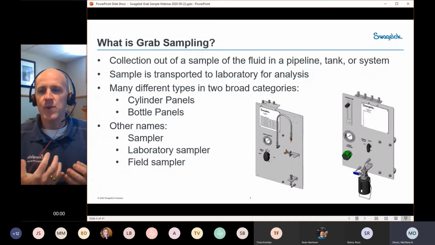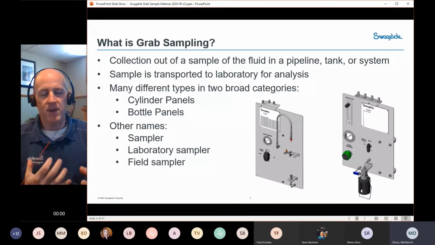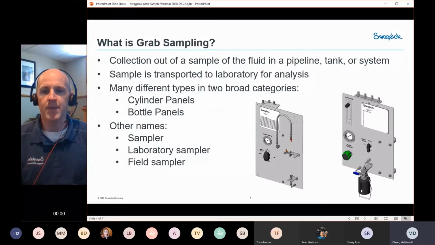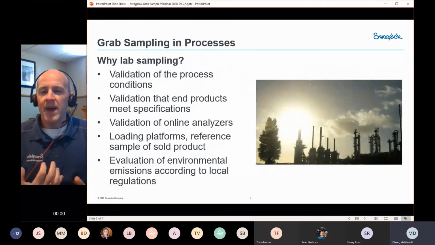There are a few different types of sample containers, but we broadly break it down into two main styles of panels, either a cylinder style panel or a bottle style panel. It's dependent on the type of sample container that you're going to be using.